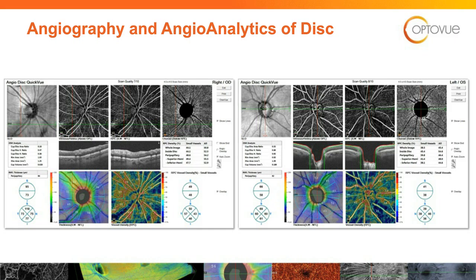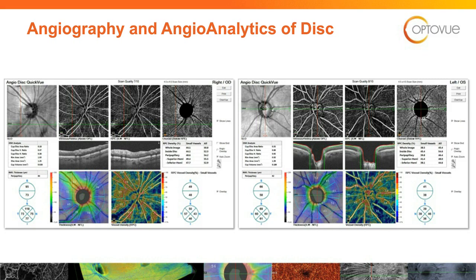We can see how that superior and inferior quadrant are definitely more compromised in the left eye than the right eye. And then just look at that nice wide blue wedge defect and how that is showing that the glaucoma is worse on the left side than the right side.